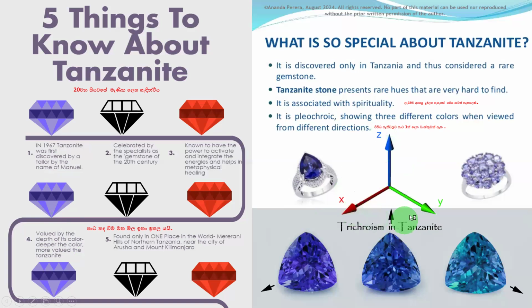These are the 3 directions. Look at the trichroism. When we watch in 3 directions of this stone, we can see this color. One direction gives this color, another direction gives this color, and the other direction gives this color. So it is a trichroic gemstone.